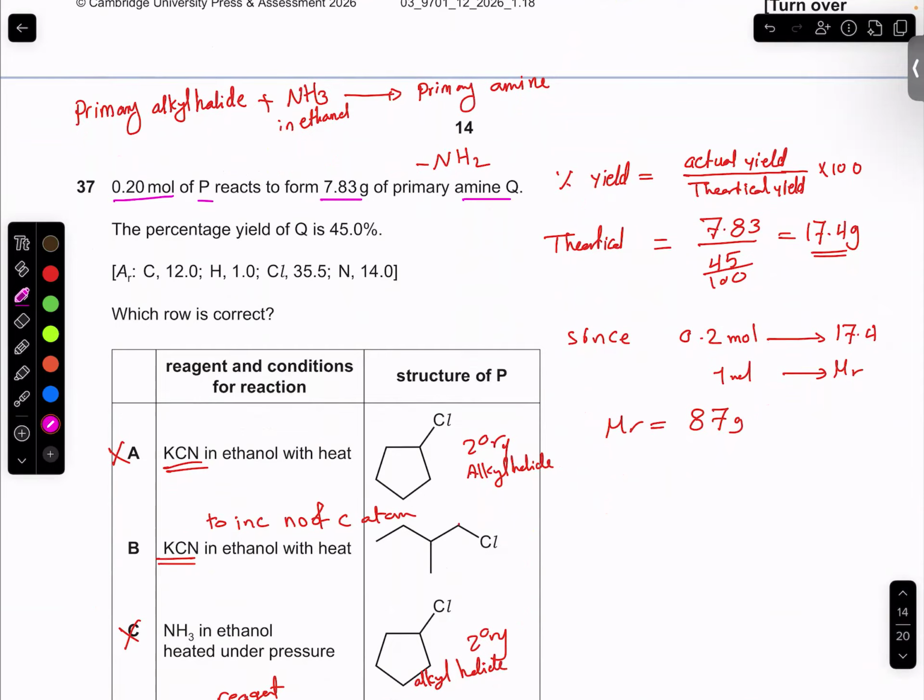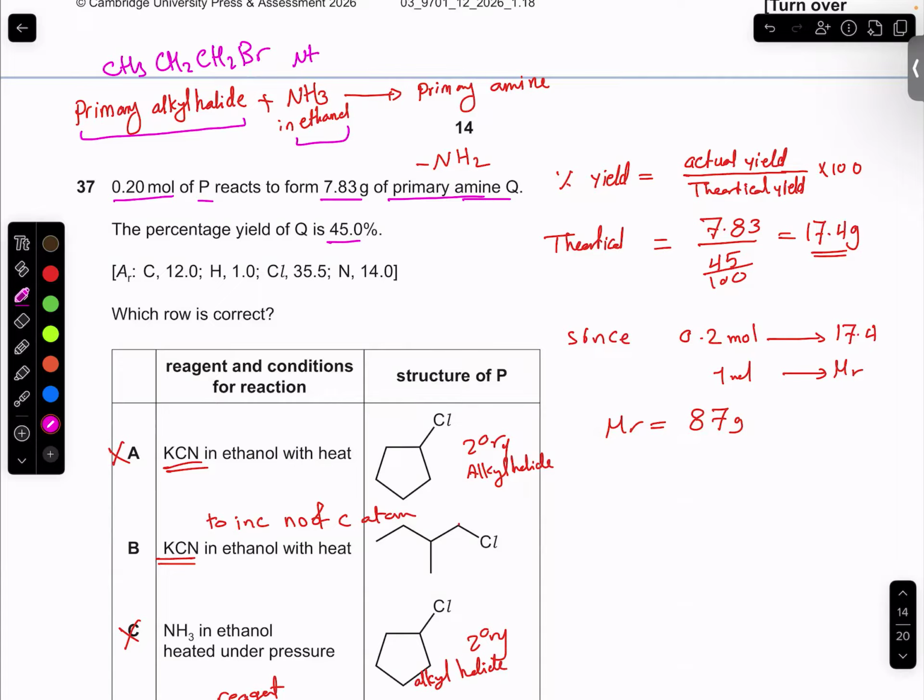The percentage yield is 45%. Which row is correct? Of course, you know that to form a primary amine, we have to react a primary alkyl halide with ammonia. Primary alkyl halide with ammonia, for example CH3CH2CH2Br, bromopropane.